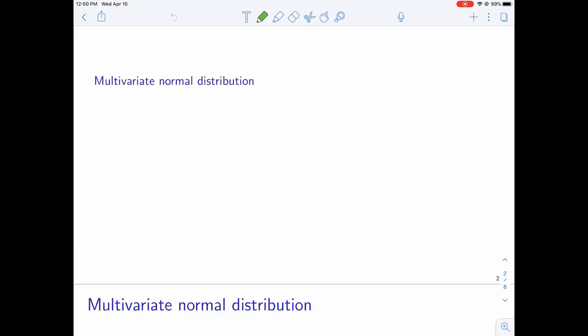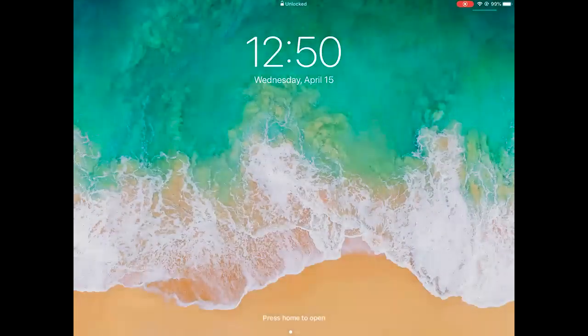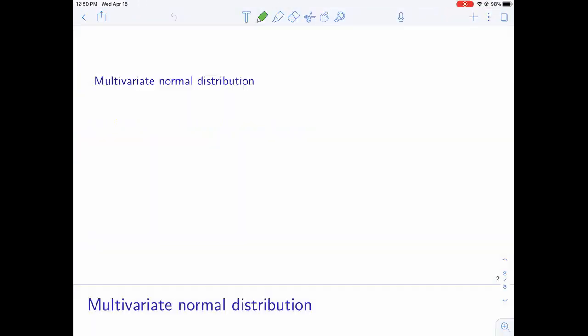I would like to spend a few minutes because most people usually are confused about what a distribution is. So anyone knows what a distribution is in general? What is a probability distribution?